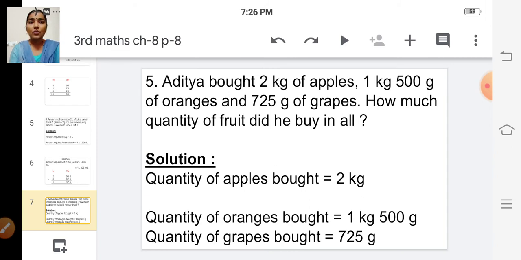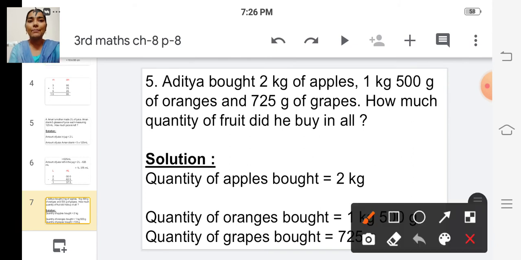What is the amount of apples he bought? 2 kilogram. The amount of oranges is 1 kilogram and 500 gram. And the amount of grapes is 725 gram.